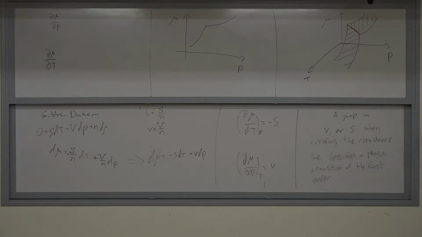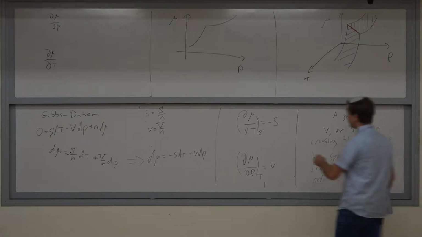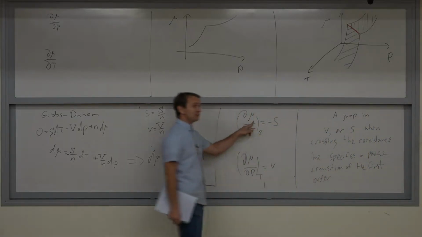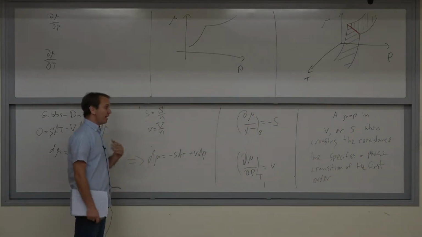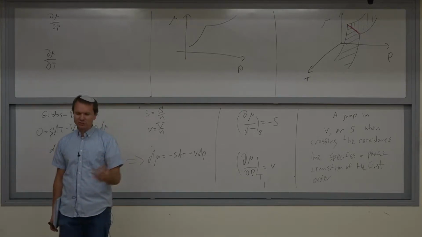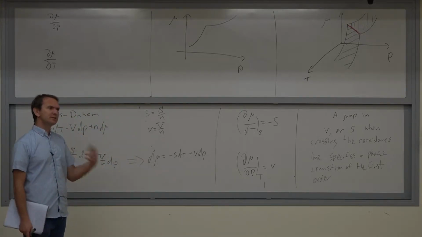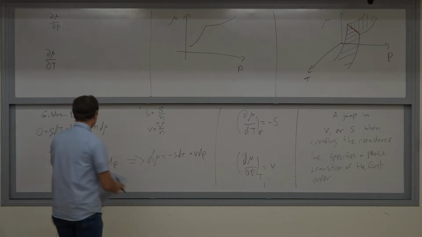So when I have a jump in the derivative of my chemical potential, I call this type of phase transition a first order phase transition.